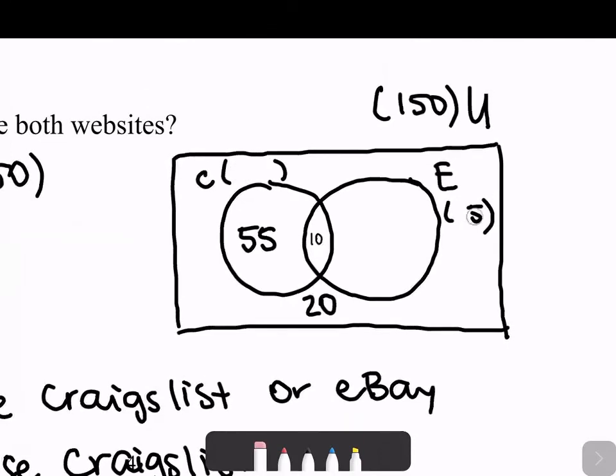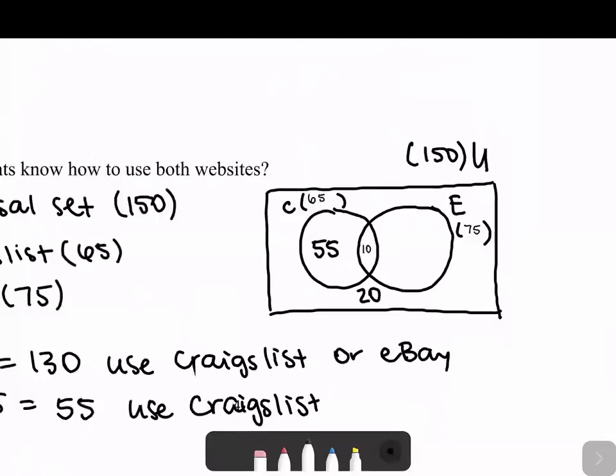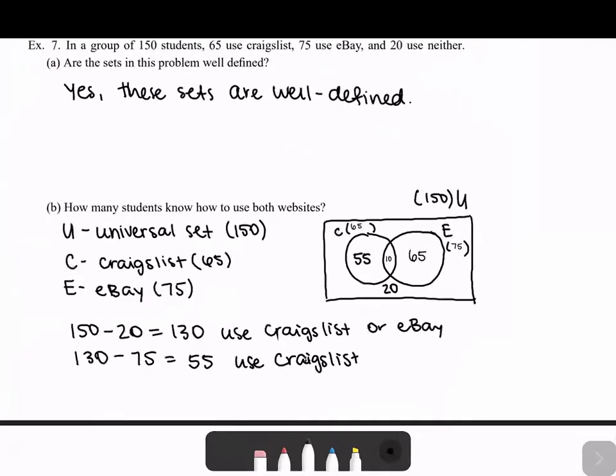While I'm here, I'm going to rewrite these so that it's just a little more legible. This 65 and 75. So Craigslist has 65 total, eBay 75 total. Okay, and now because eBay has 75 total, and 10 of them are right there in the intersection, that means that we have 65 students that just use eBay, and that's all.